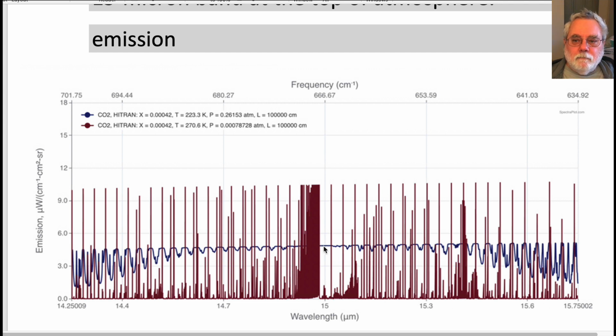The blue curve is at 10 kilometer altitude, and it looks like it's trying to be a black body curve. The brown curve at 50 kilometers is very spiky. This does not say where the radiation might get absorbed at higher altitudes.